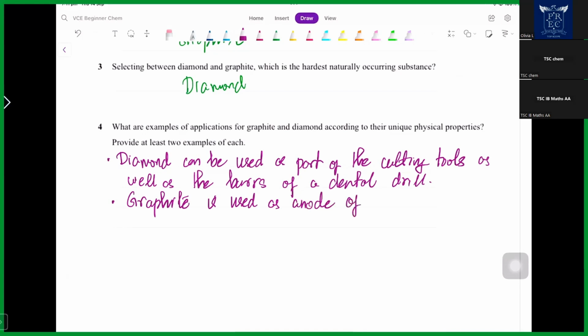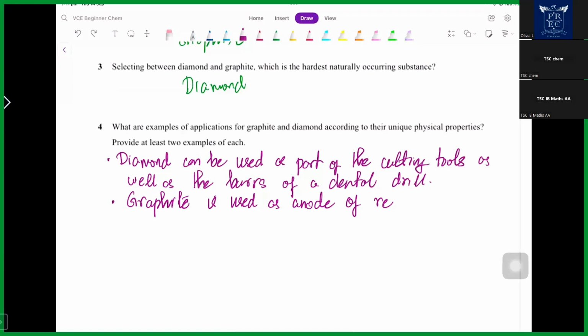I'll explain a little bit about why it must be anode, not cathode. Remember, in a battery, look at plus and minus, right? In a battery, plus is called cathode, actually, the opposite way. But anyway, rechargeable, it works in both ways.